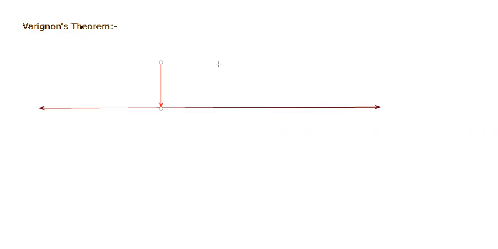Suppose that this is F1, this is F2, and the next one is F3. Now these three forces are acting at a right angle to this horizontal.